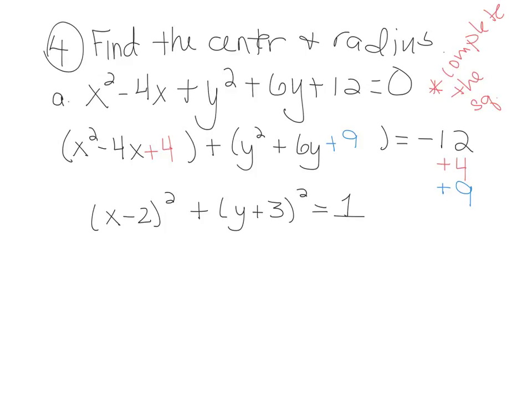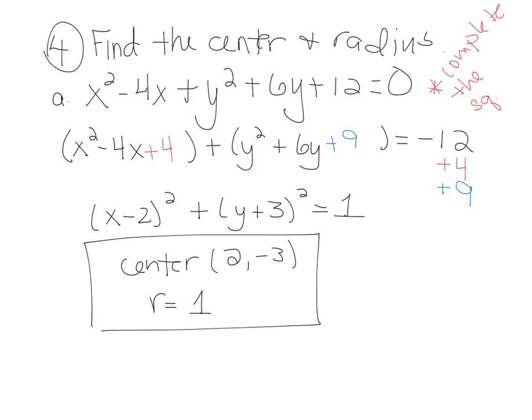If it was 0, it would just be a point. And if it was negative, it wouldn't be a graph, it wouldn't exist. So answering their question, our center is (2, negative 3) with a radius of 1.